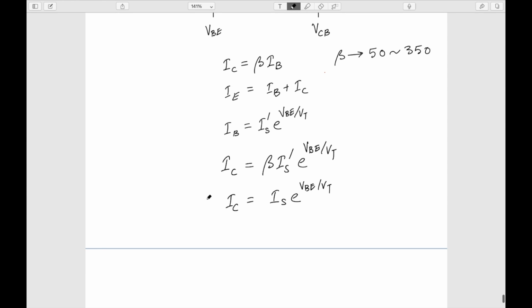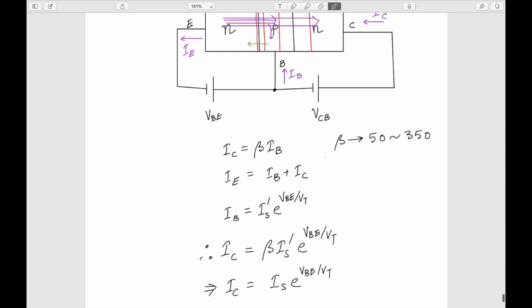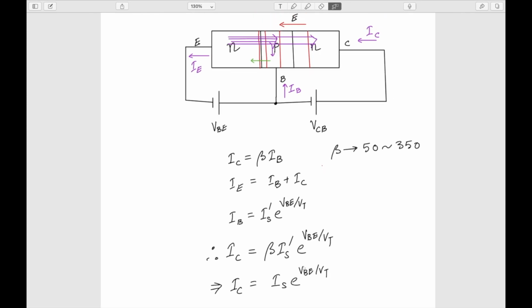We can definitely find this IS, and we can derive it, and it basically depends on the area of cross section of the base and the emitter, the doping concentration of the base, and the width. But we'll not be covering that in this course. You can refer to the Sedra Smith book if you want to find the derivation of this IS. So here we'll focus more on the application or use of the BJT.